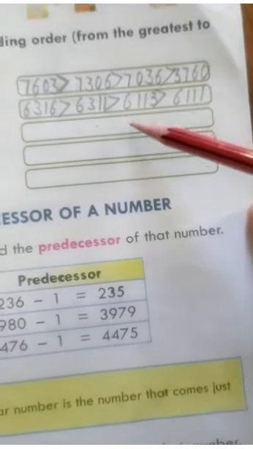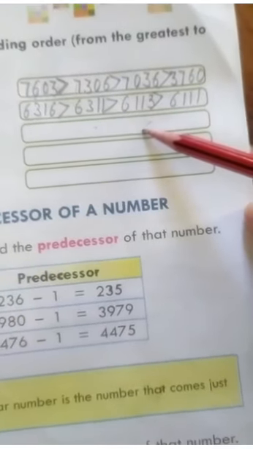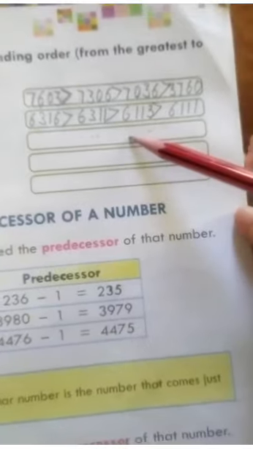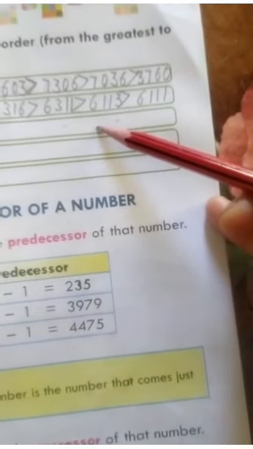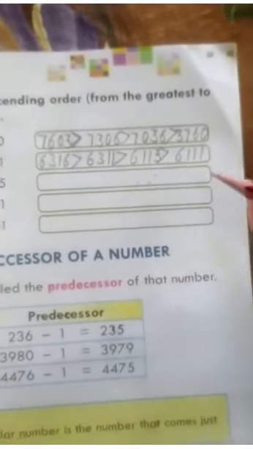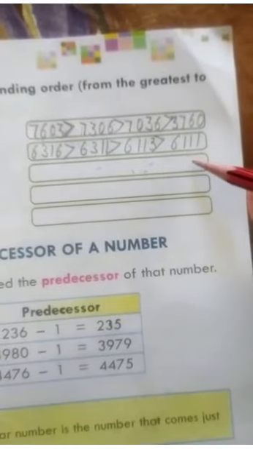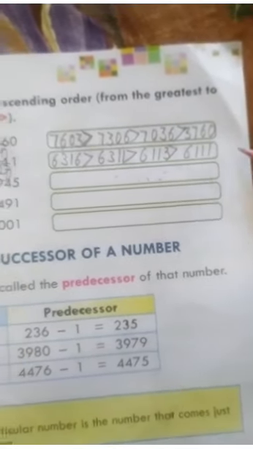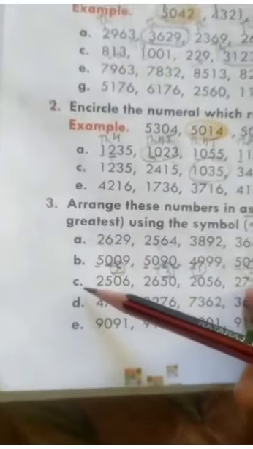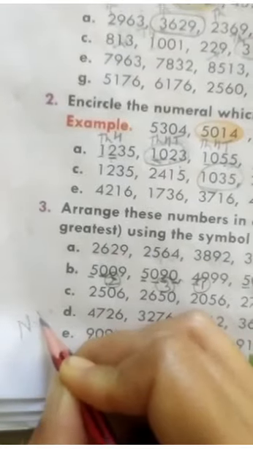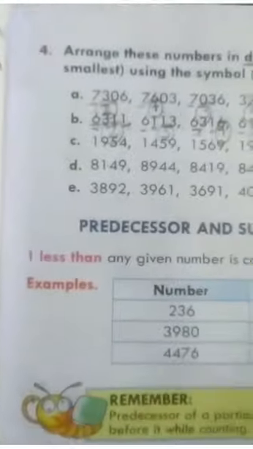Next smaller number is 6113, and the smallest is 6111.